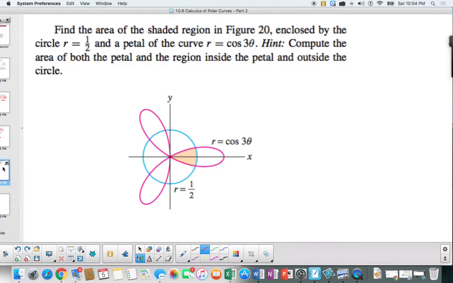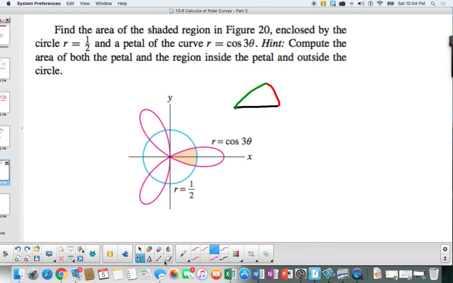All right, let's find the area of this shaded region. The area of this shaded region is different from the last two examples. We are not subtracting areas this time. In fact, we're taking a look at adding areas. I'm going to take this region and blow it up a little bit. Here's the x-axis, and in one color I'm going to show you that part of the boundary is the circle, and then the other boundary right here is actually the petal.